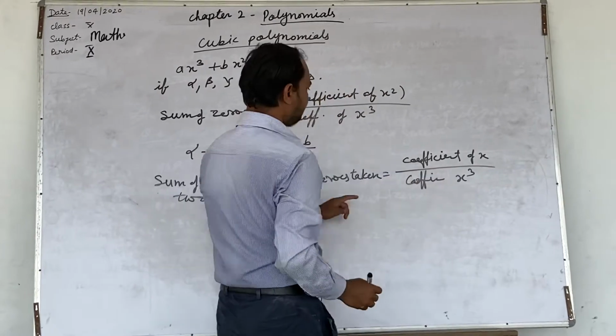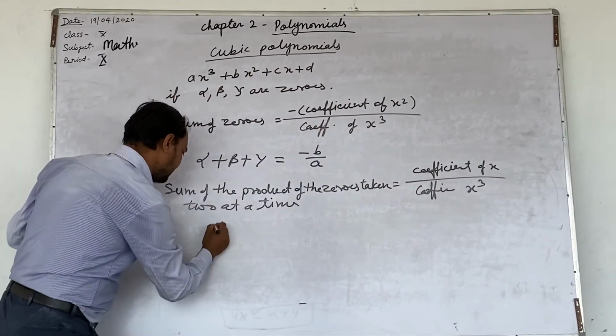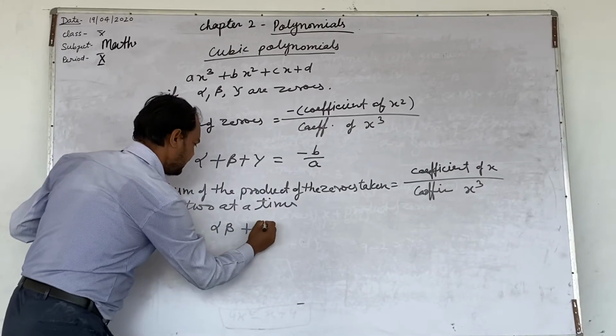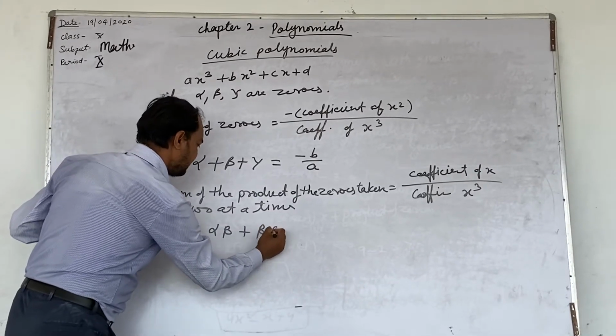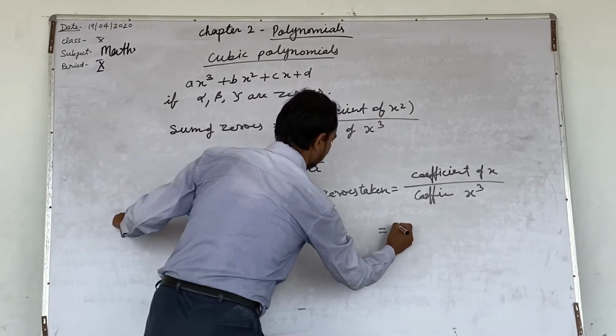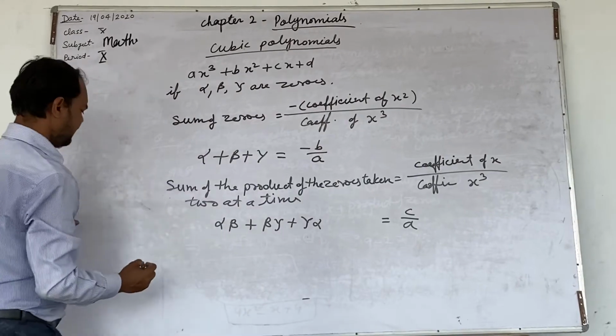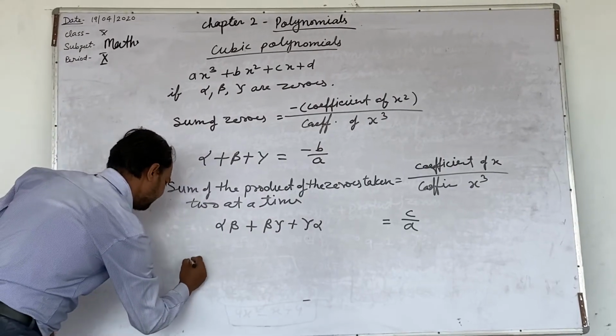In the formula form you can write alpha beta plus beta gamma plus gamma alpha equal to c by a. Now next is the product of zeros.